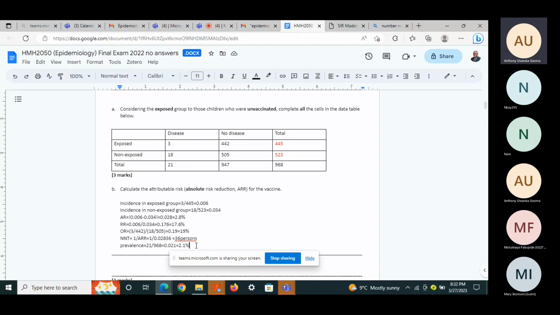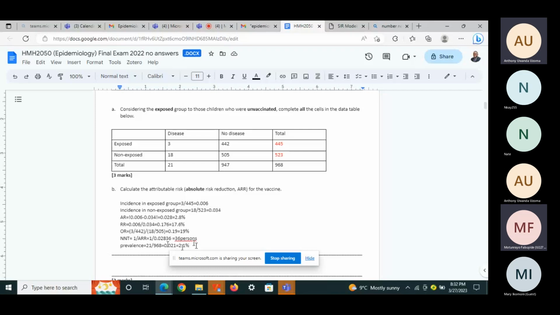So assuming that you are to express this in per 1,000 population, how will you express this prevalence? Assuming that you have to use per 1,000 population, that would be 21 over 968 multiplied by 1,000. It's 0.021 times 1,000, right?